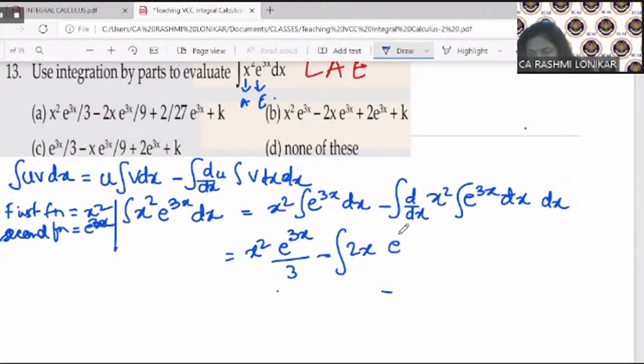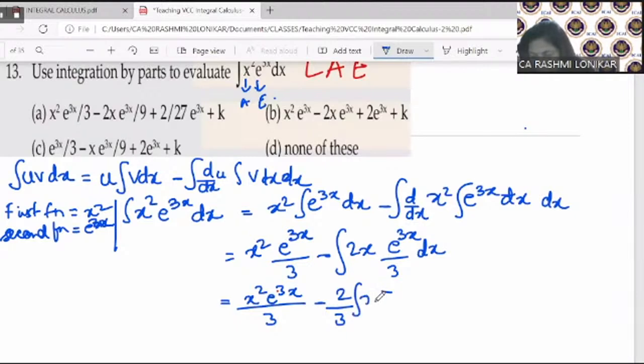It will be e raised to 3x upon 3 dx. Okay, so what will this become? This is equal to x square e raised to 3x upon 3 minus 2 by 3 integral of x e raised to 3x dx.